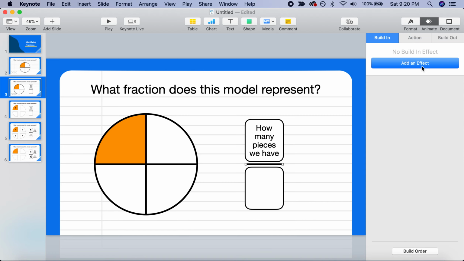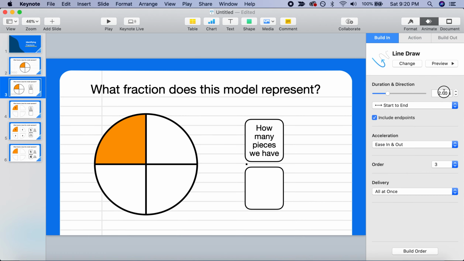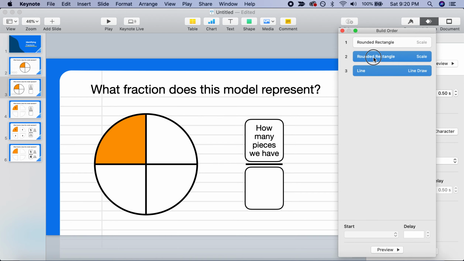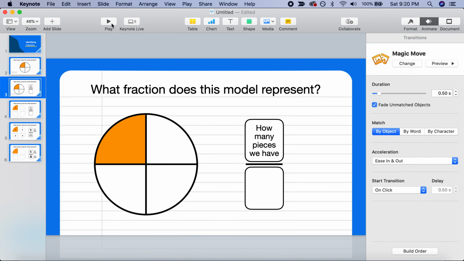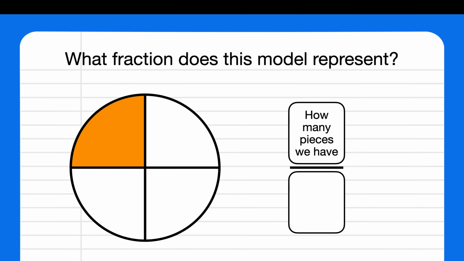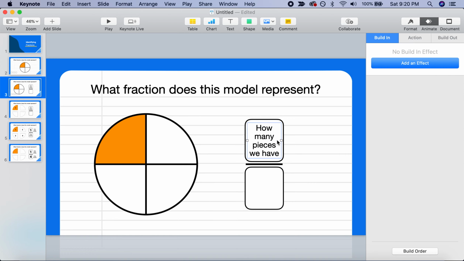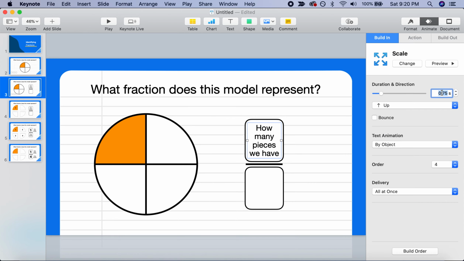And let's have this line in the middle draw in with a line, and we'll do the same 0.3 seconds. Because now we could time all of these animations together, so they're all connected. And that'll look like it just pops into place. Perfect. And now it's not until after that that we want to label the numerator as how many pieces we have. So we will scale in that effect with a 0.3 second bounce.